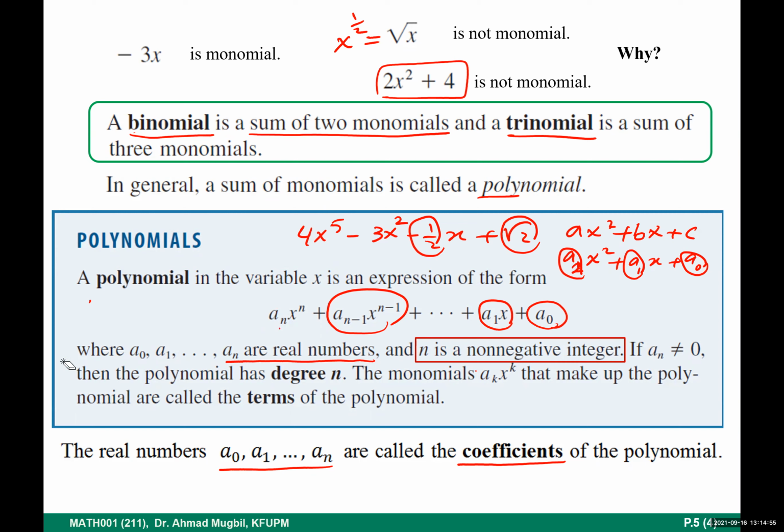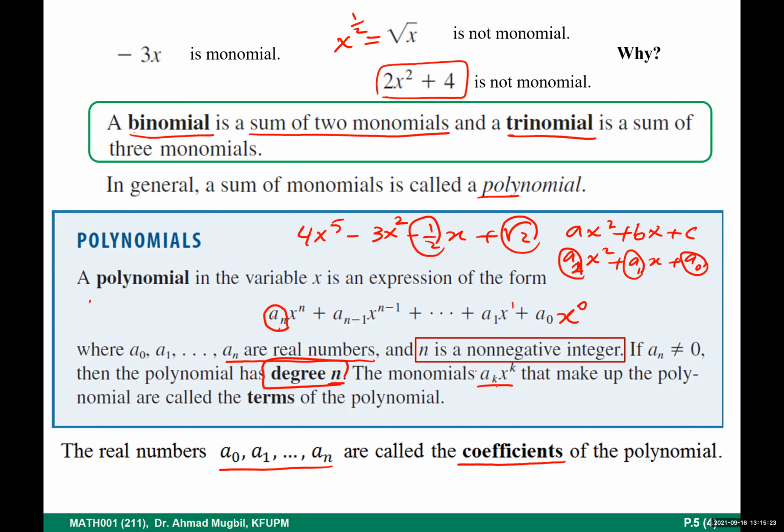Now, a_n, these are called the coefficients. This coefficient is the coefficient of the largest power, ya Shabab. The powers here are x to the power 0, x to the power 1, 2, 3, 4, 5, n minus 1, until you have n. So this is the largest one. If it is not 0, then this n is called the degree. So this is a polynomial of degree n.